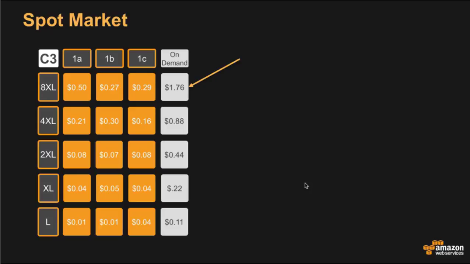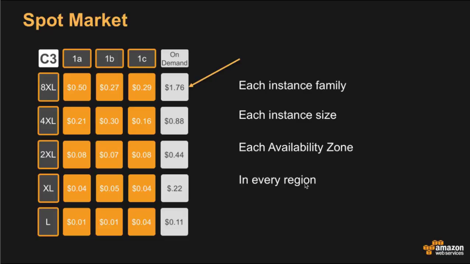In addition to the instance type, there are sizes that allow you to choose how many vCPUs and how much memory you require for running your workload. Each of these factors, which include the instance family, instance size, availability zone, and region, weigh into the pricing of the instance, which is essentially a different Spot market.